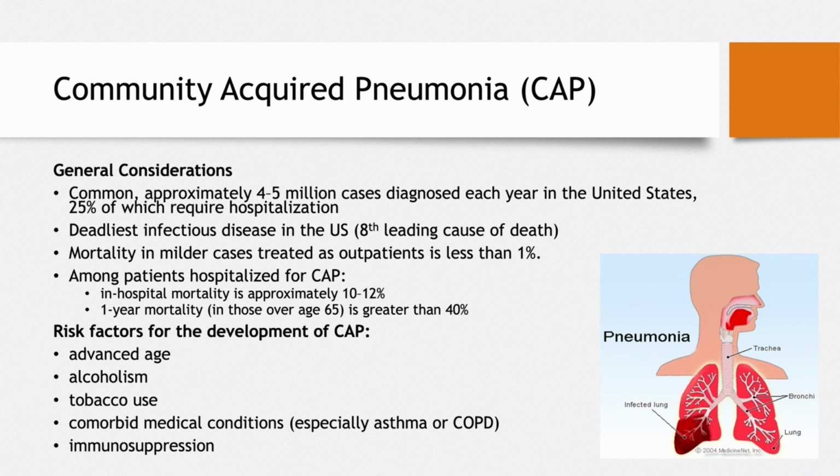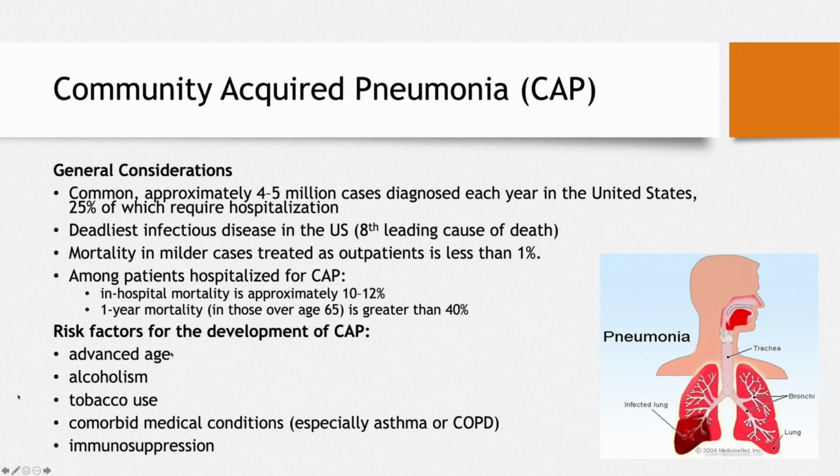So it can be pretty devastating for older patients and those with comorbidities, age being one of those factors. And we look at risk factors for the development of community-acquired pneumonia, and some of the risk factors are those things that you would think about, right?